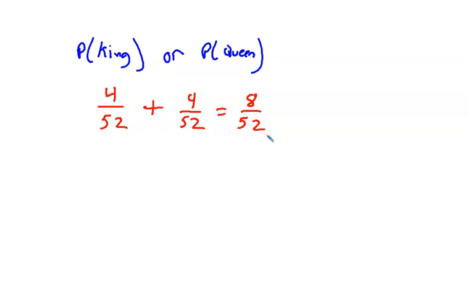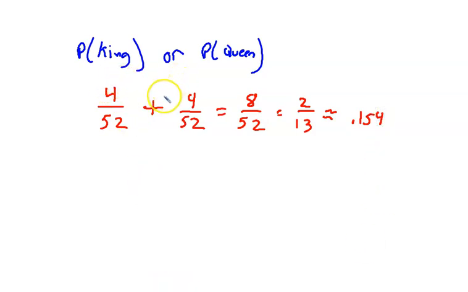And in most cases, people will write it as a simplified fraction. So as a simplified fraction, we get an answer of 2 out of 13, and the decimal approximation is 0.154.